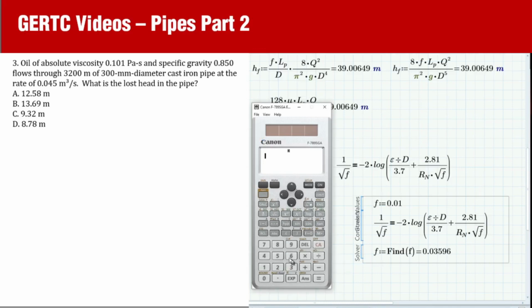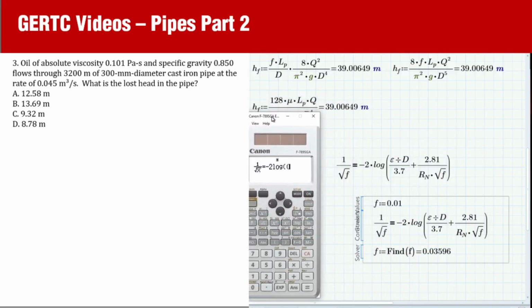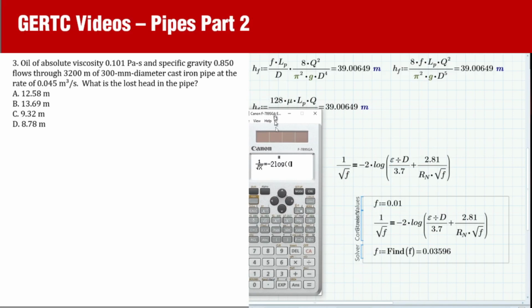So, we have 1 divided by the square root of f, x, equals negative 2 log of the quantity epsilon. Ano yung epsilon natin? 0.26. Ano ba yung diameter natin? Diameter is 300. Okay, so 0.26.